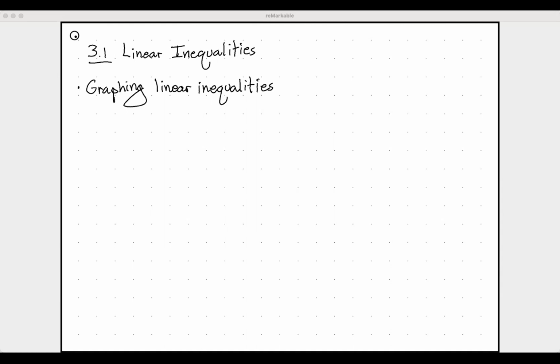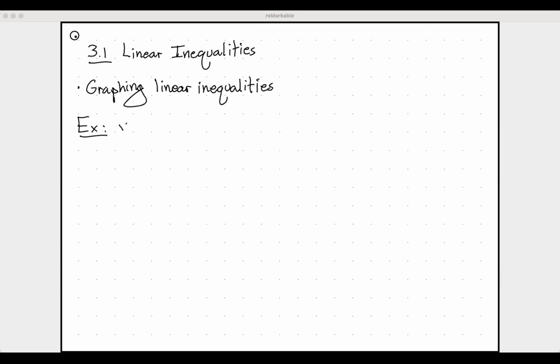Hopefully that will remind you of what we're doing, and then we'll get more into the linear programming part. All that means is we're going to try to maximize or minimize some systems of equations using inequalities. So let's try to graph some of these.